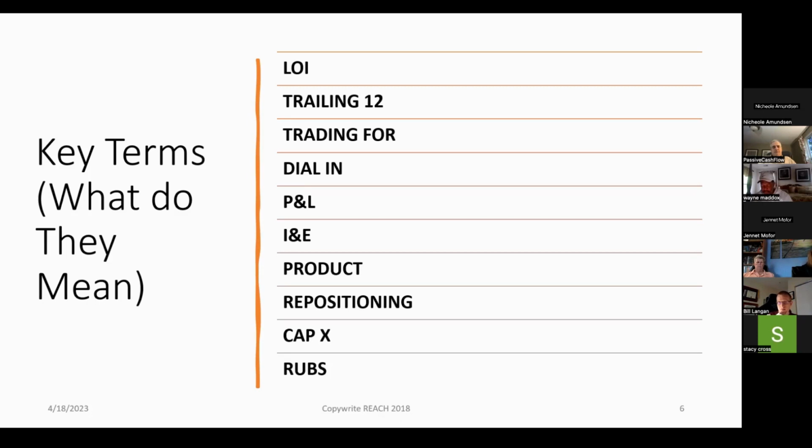And profit and loss is going to include typically the mortgage and interest within your numbers, whereas an income and expense statement pulls things out so you can more easily see the net operating income. An income and expense statement is typically going to be all of the income from all sources, all of the expenses, and then below that, you're going to have the net operating income, the NOI.